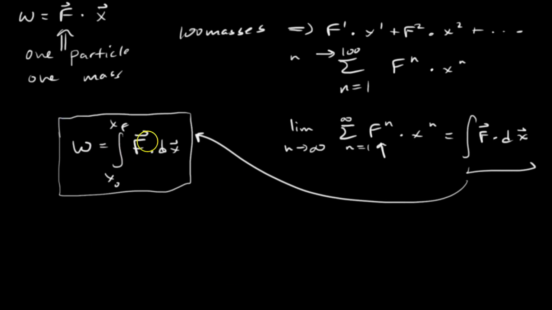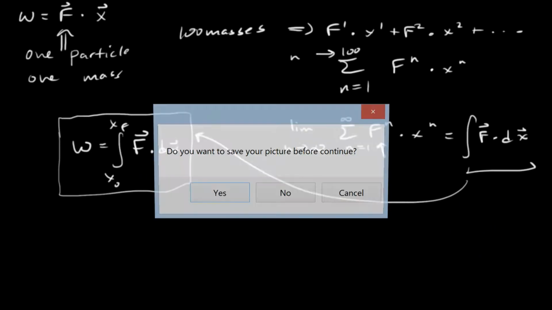Work is the integral from x0, the initial position, to the final position of force dot the displacement dx. So now let me make a new sheet for myself. Okay, we just derived that work is equal to the integral from x0 to xf of force times dx.